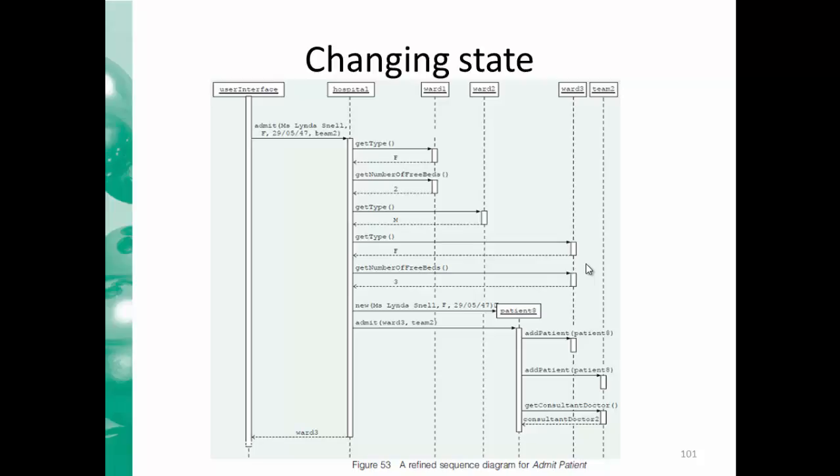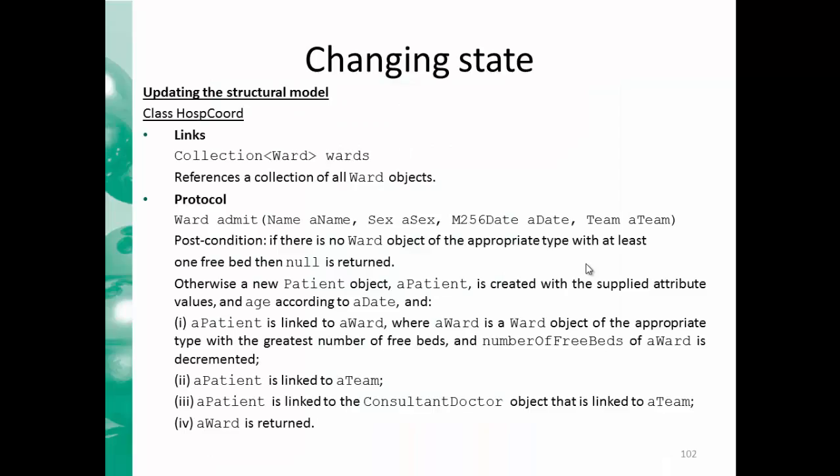Then we admit it and put it under some particular team. As soon as we put it under some particular team, we will inform that team that the patient is being added to your team, and we inform the consultant doctor that that particular patient is under your responsibility from now on.